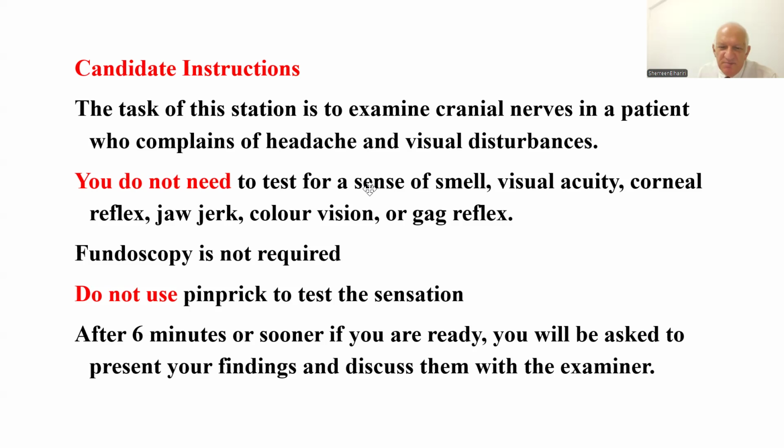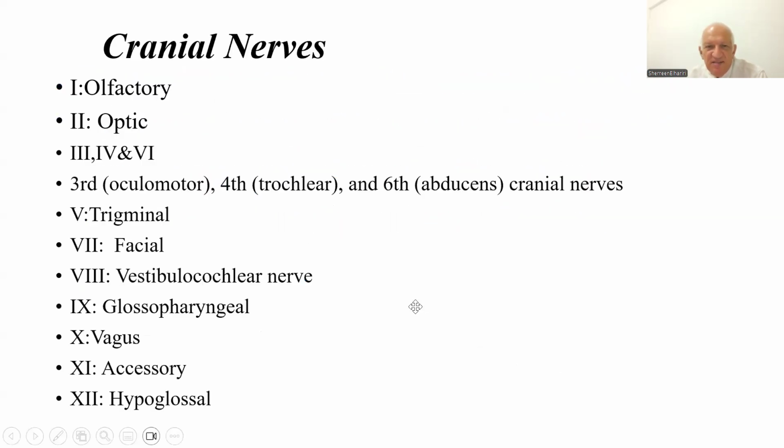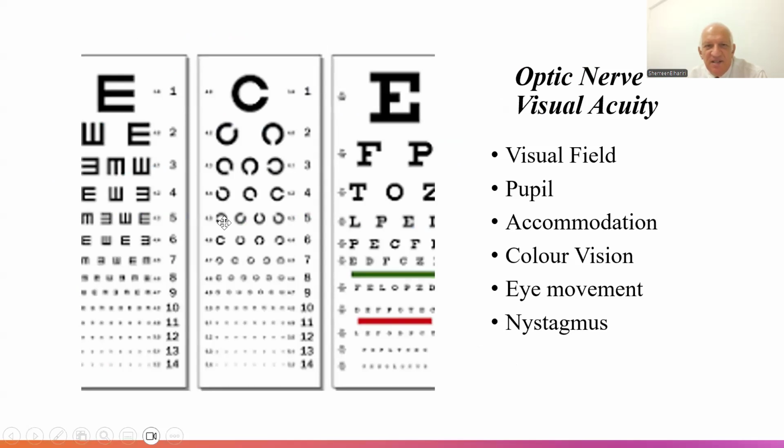Why do we mention this? Because some students have alcohol beside them, put alcohol and ask the patient to smell it, which is not practical. So we ask you, don't do the test for smell. Visual acuity, don't do visual acuity. If you have a Snellen chart, as you can see here, you just ask what is this?